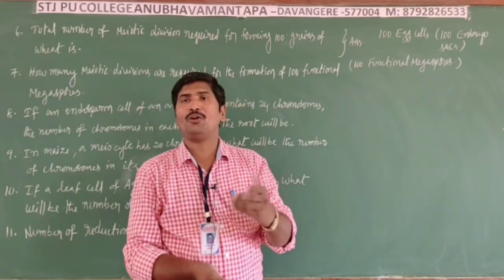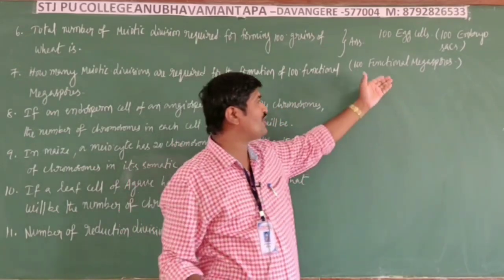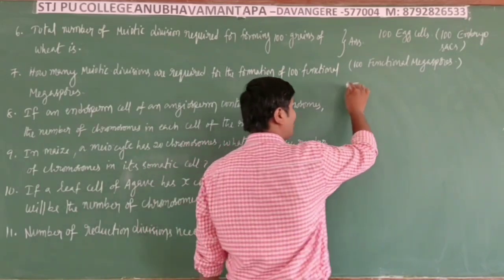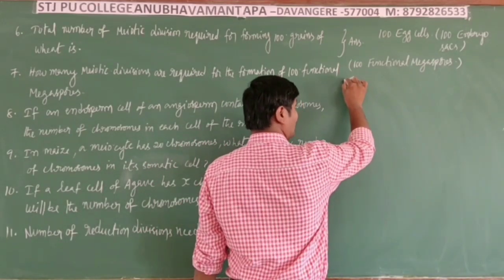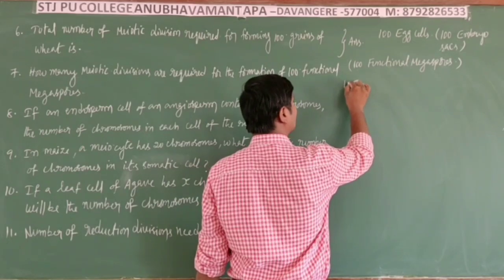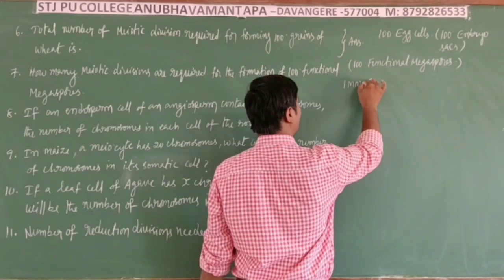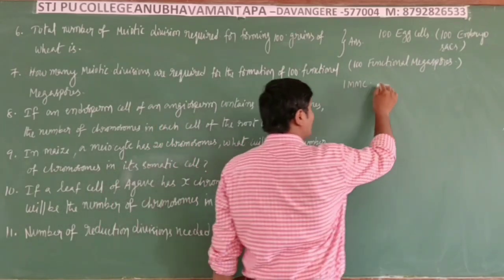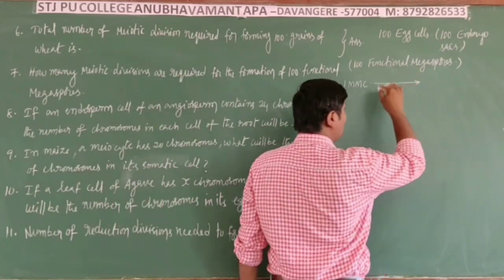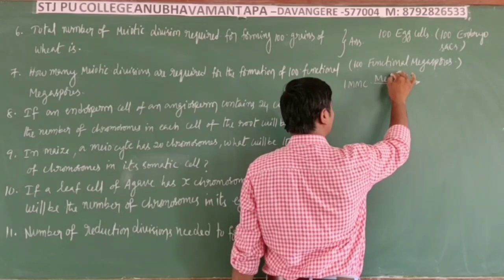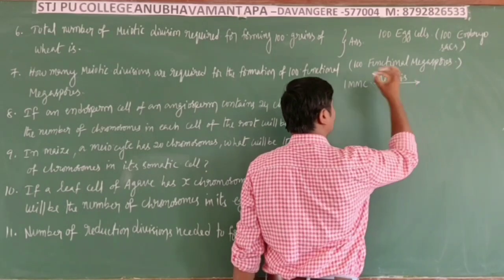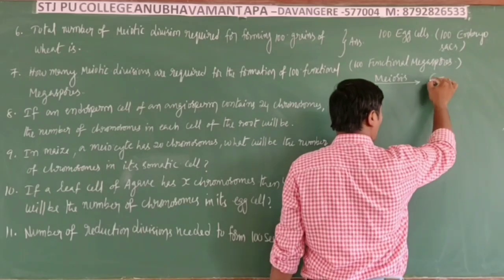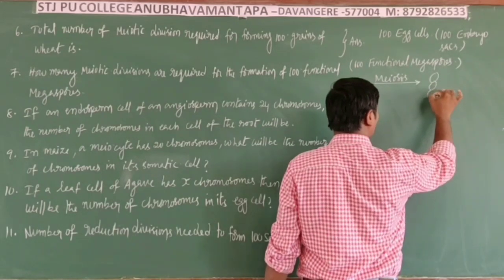Megasporogenesis, the process of the formation of megaspores from the megaspore mother cell. See here the megaspore mother cell, 1 MMC, 1 megaspore mother cell. It undergoes the meiotic cell division, that is meiosis. As a result of meiosis, total how many megaspores form?